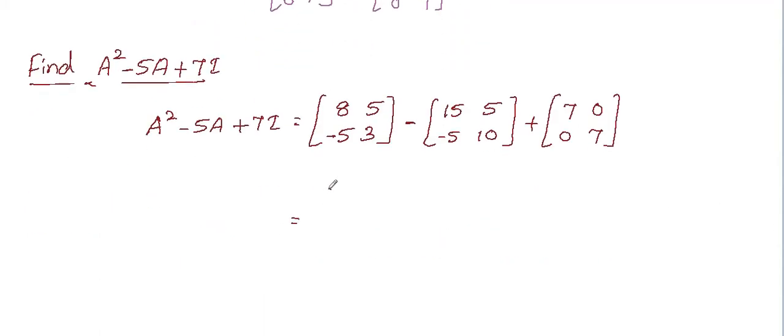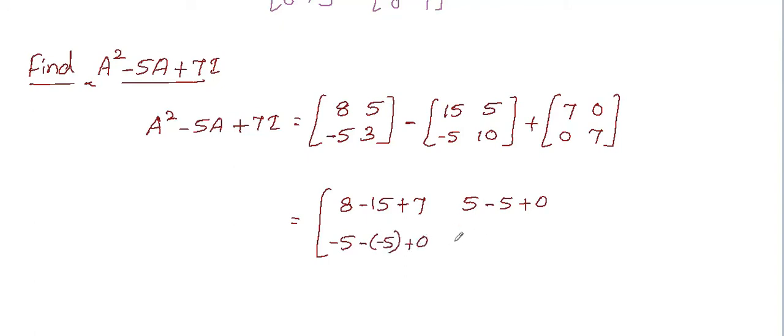If we combine this, which means we need to subtract and add, we'll get 8 minus 15 plus 7, 5 minus 5 plus 0, -5 minus of -5 plus 0, and then we have 3 minus 10 plus 7.